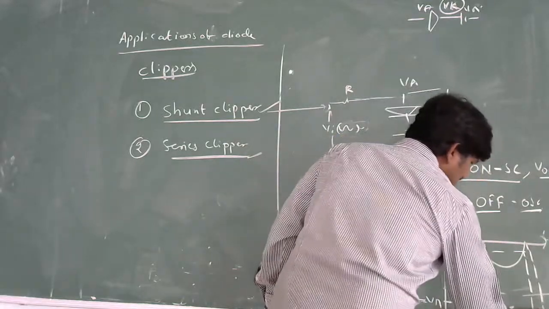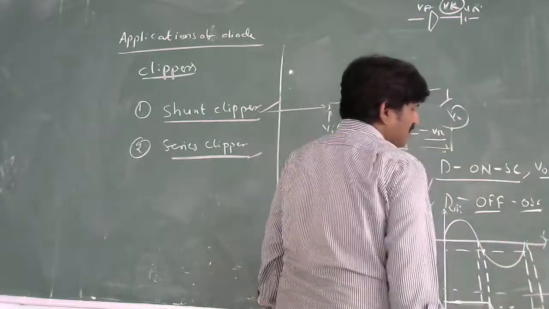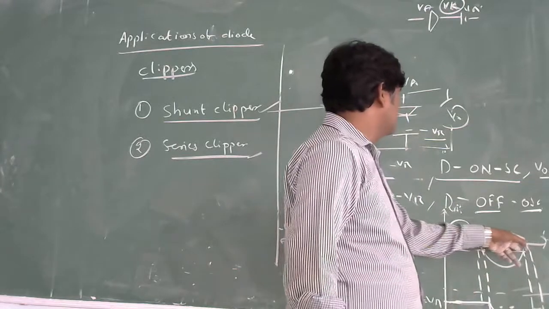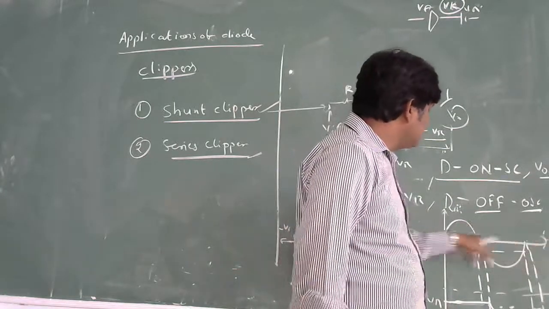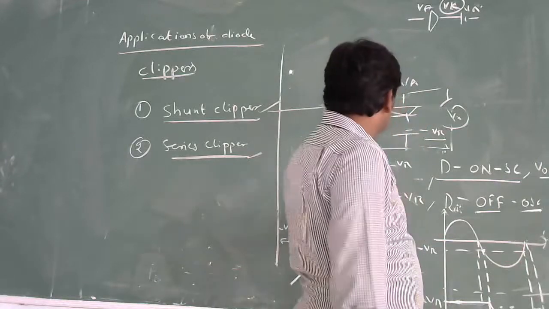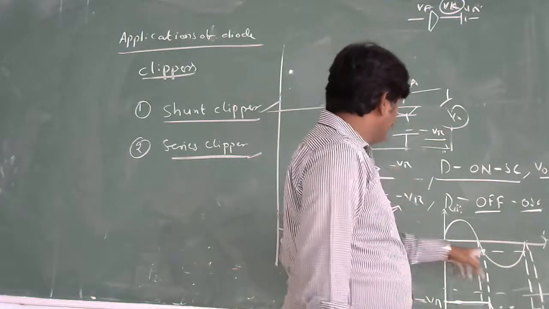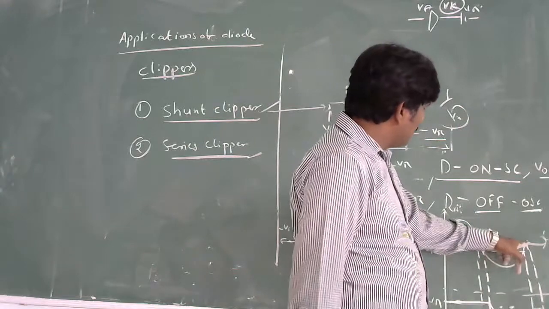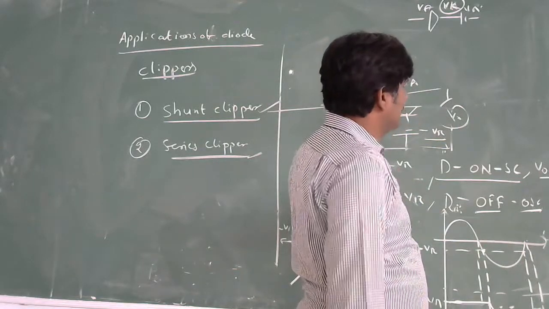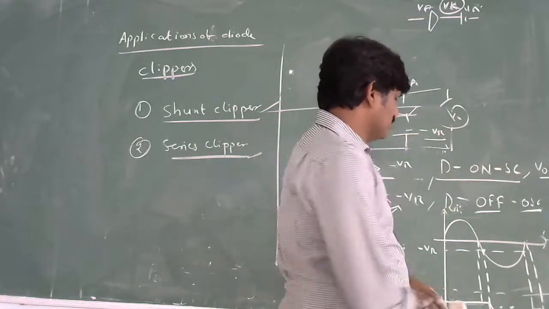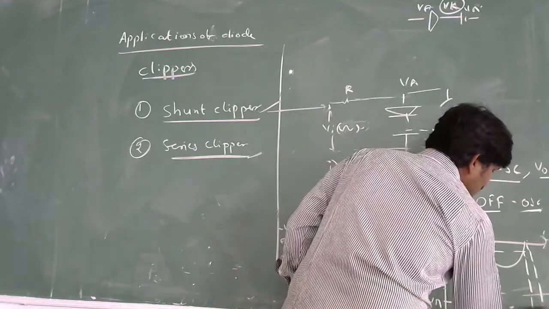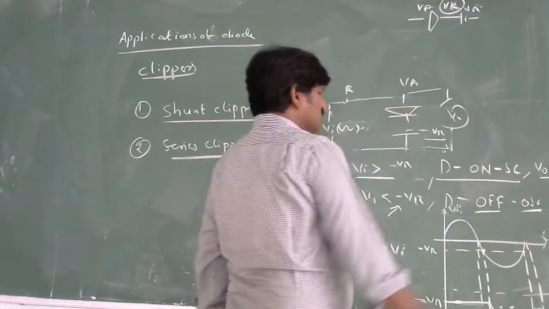Why can't you extend this line up to the zero crossing? At this point again minus VR is there up to this point, but now Vi is less than minus VR. When Vi is greater than minus VR, you have to consider the first condition: V0 is equal to minus VR. Then it follows like this, not extended to the zero crossing.